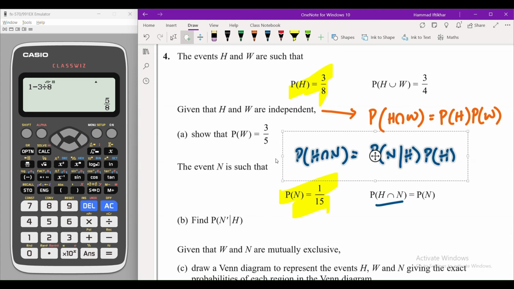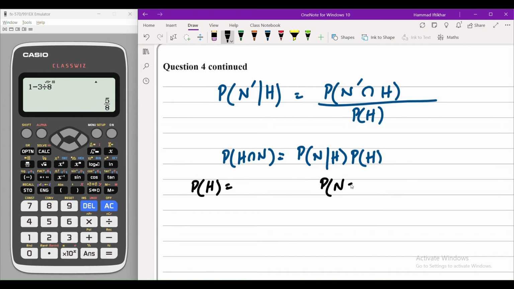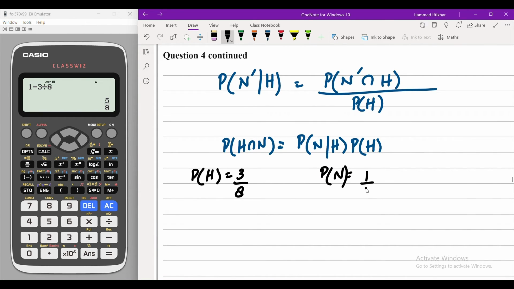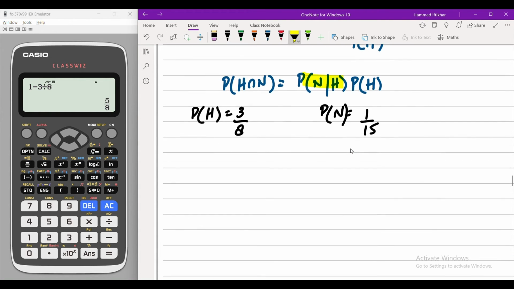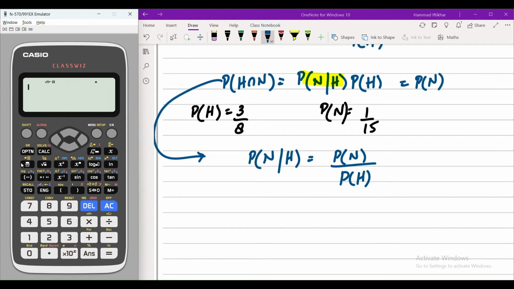So if we can find the probability of N given H from this, probability of N given H will be probability of N divided by probability of H. So 1 divided by 15 divided by 3 by 8 is 8 by 45.